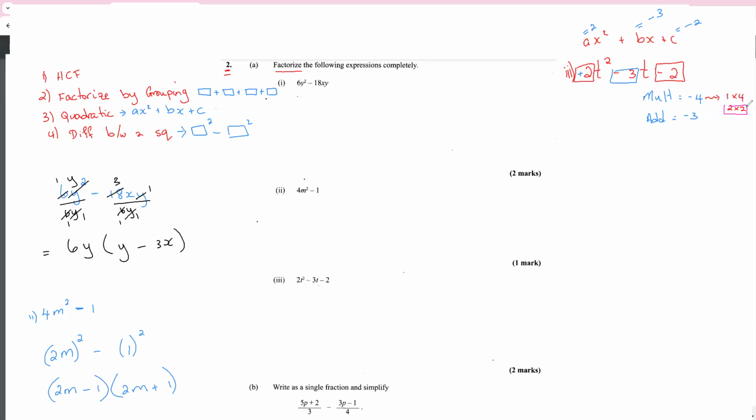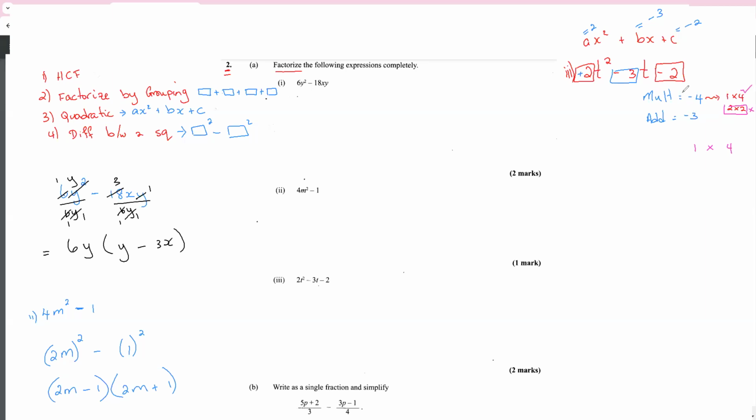So you know it's not this one. So we know it's 1 and 4, but we want it to be -4. And when we add them or subtract them, we get -3.